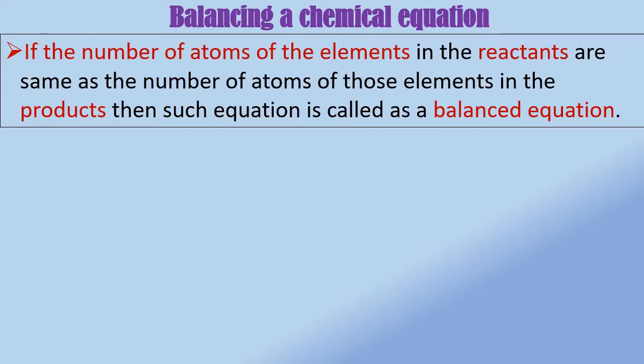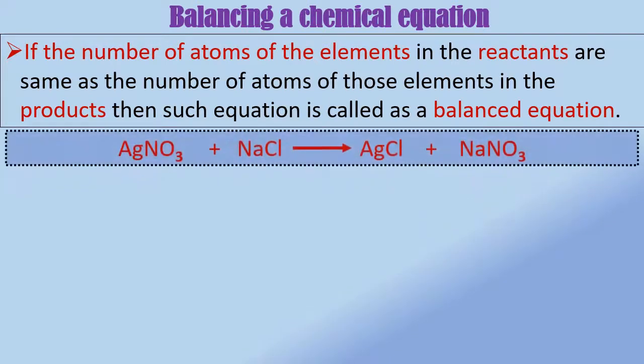Now, let us see one example. Here, in the given chemical equation, AgNO3 reacts with NaCl and gives AgCl and NaNO3.